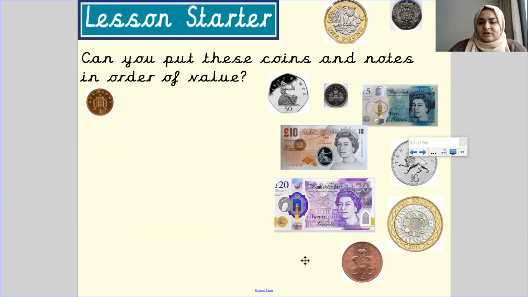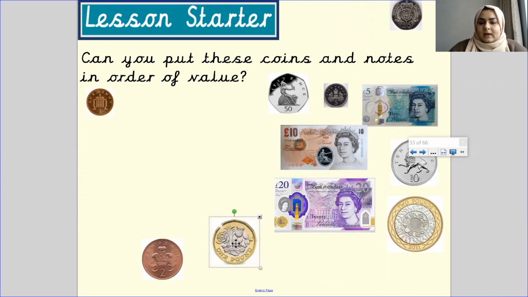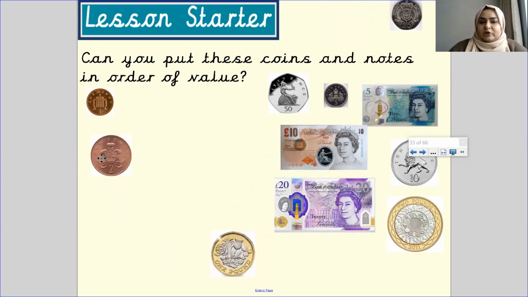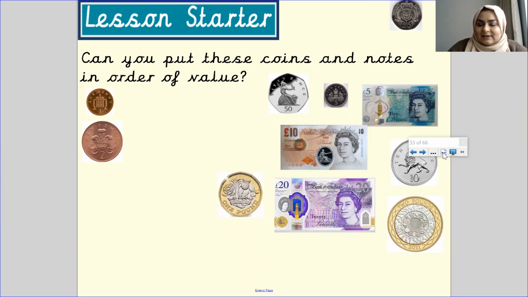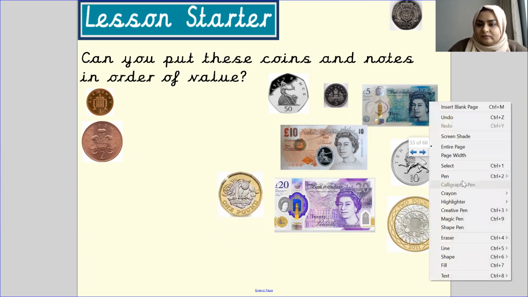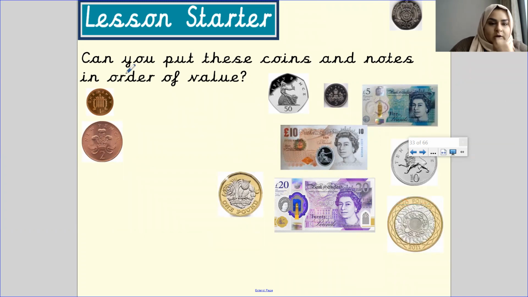Some of you must have put 2p and some of you must have done this. If you have put 2p, that is correct. I know some of you must have got confused with the fact that it's 2 and 1, but you have to understand that the 2p on here means two ones.